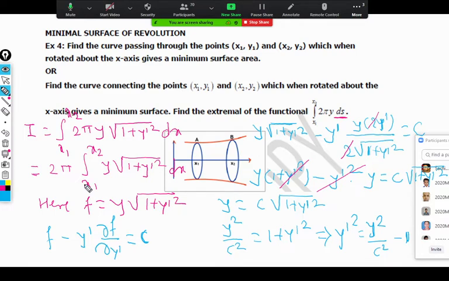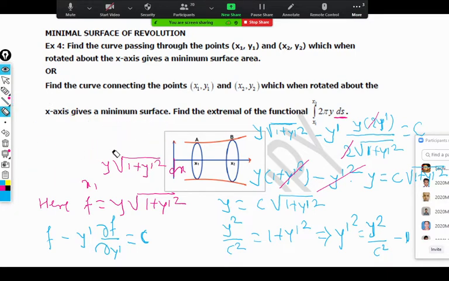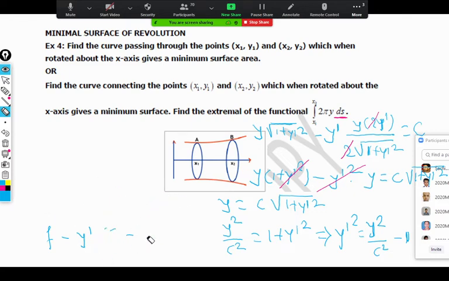So I will erase this side then, because we will observe this equation. This equation is simplified as y dash square is equal to y square minus c square divided by c square.